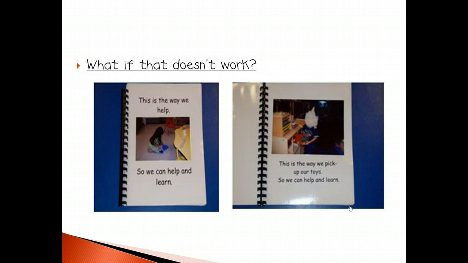For example, if a child is running in the classroom and becoming disruptive, and I've already asked them to remember to use your walking feet, remember to use your tiptoe feet, and they're still having a difficult time and still wanting to be disruptive, then I'll give that child a choice to sit down and draw a picture of what they'll do when we go outside, or a choice to sit down and make something with Play-Doh. Those are both acceptable choices for that child to make, and I'm giving them the power to make one of those choices for themselves.